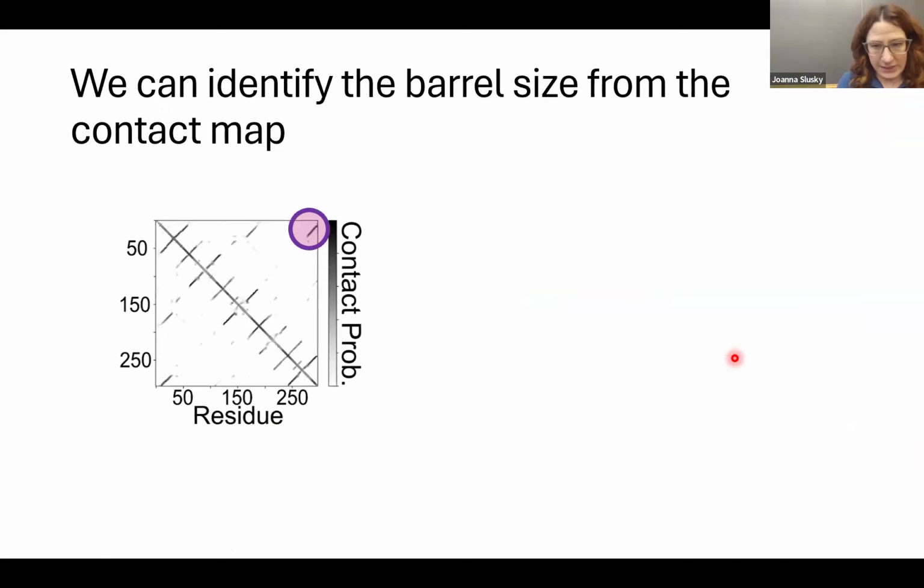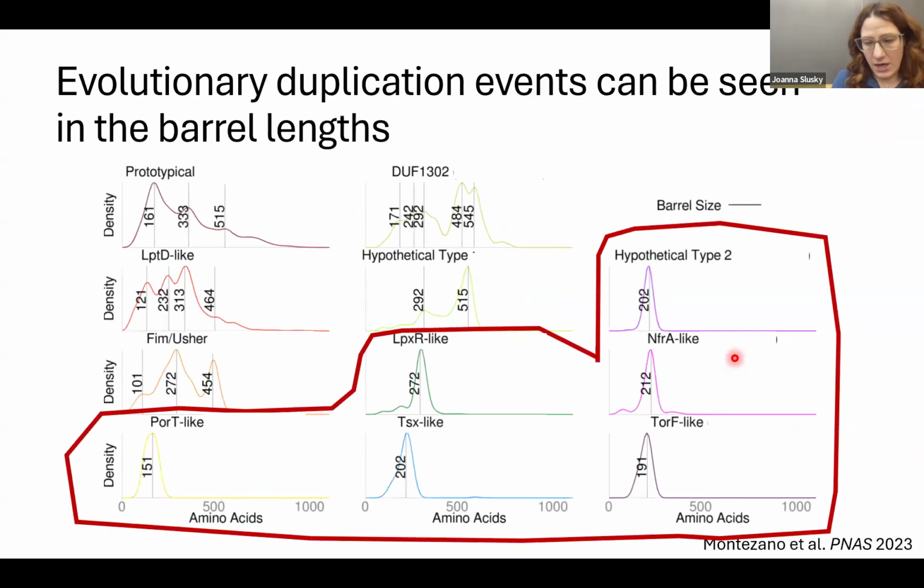I have a really lovely undergrad who's working on it, Tasia. What's cool is that domain of unknown function 1302 has a large amount of diversification, so I think that's a very good place to look.